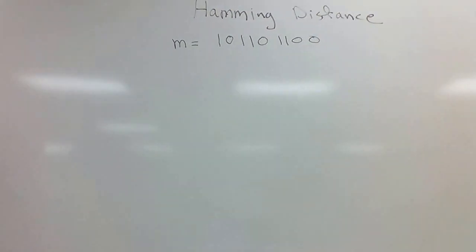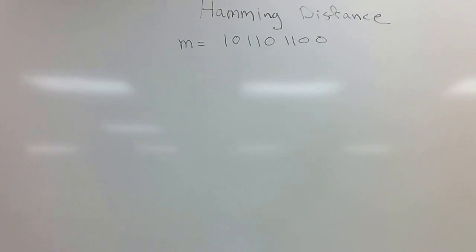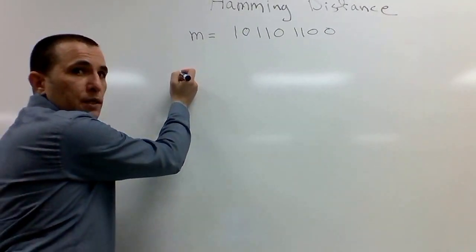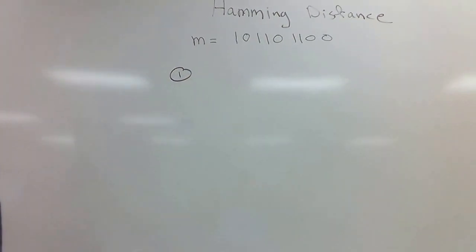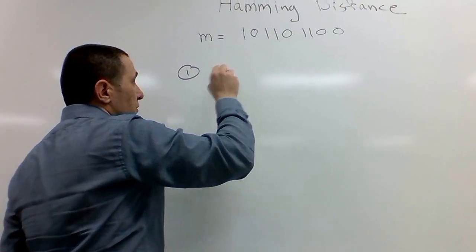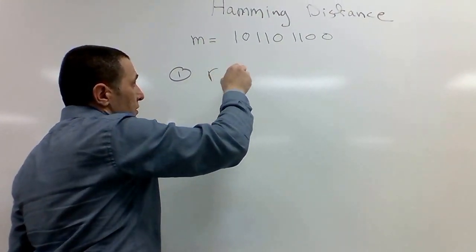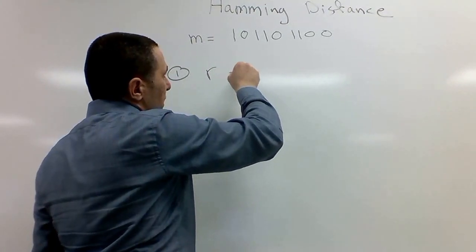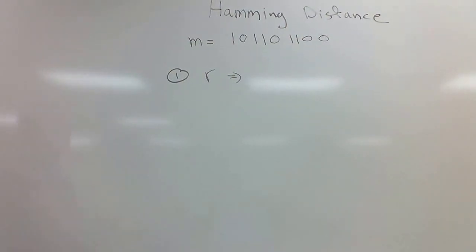Here's a 9-bit message. What's the first step in Hamming distance? What do we need to do? Find R. What's R? The redundant bits, the bits we're going to append to the message.